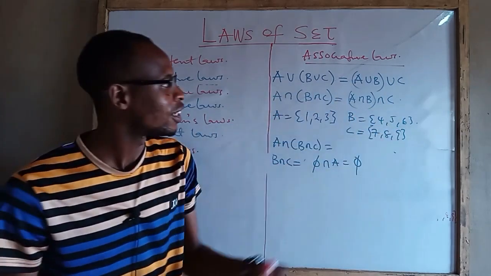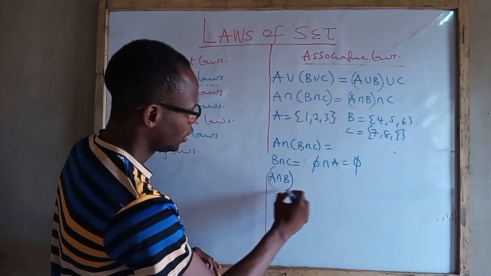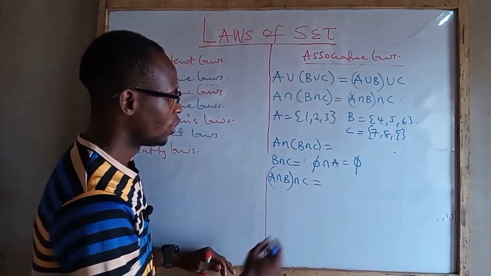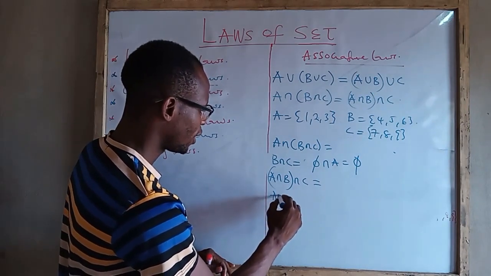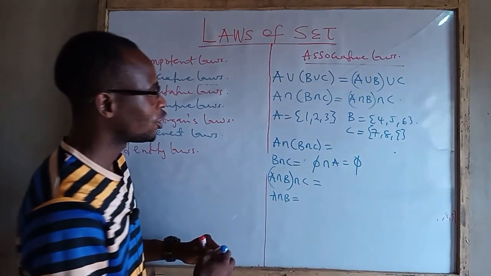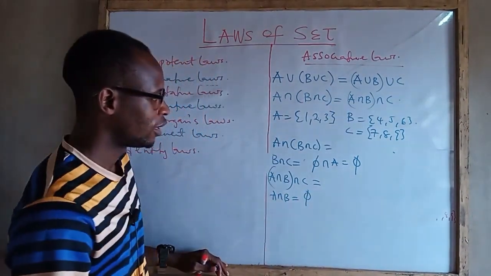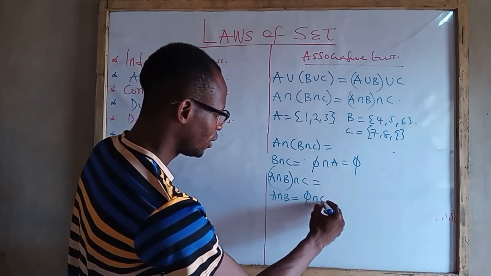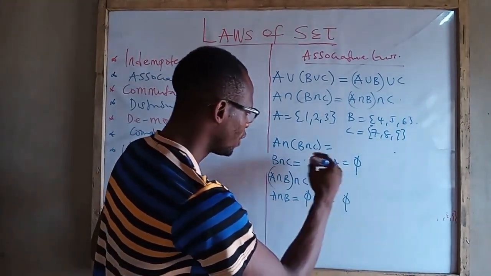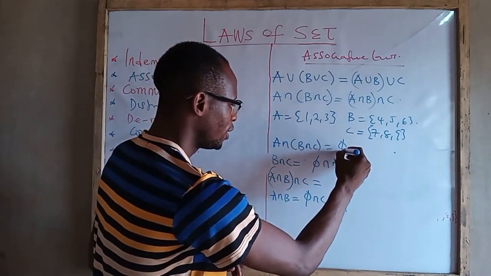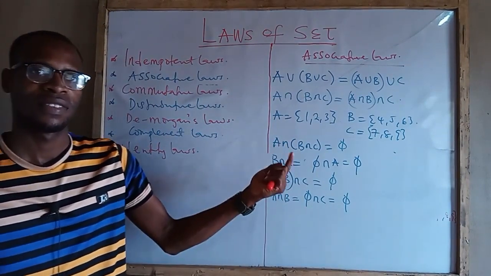So the one on the right hand side now is simply A intersection B intersection C. So I will solve the one in bracket first too, which is A intersection B. What is common to A and B is also what? Empty. Then intersection C, what is common to them is also going to be what? Empty. So therefore, this is empty. This is also equals to what? Empty. So the two has been verified.